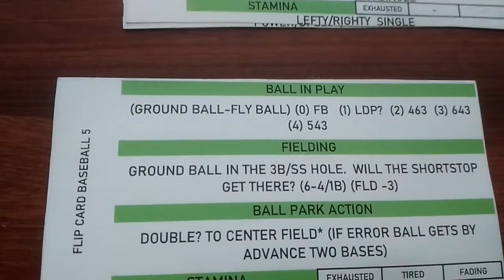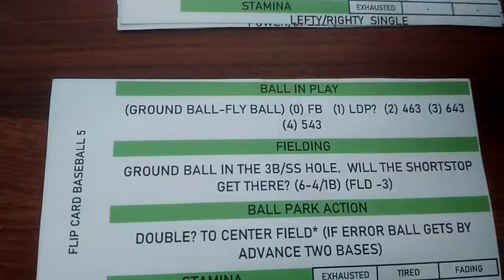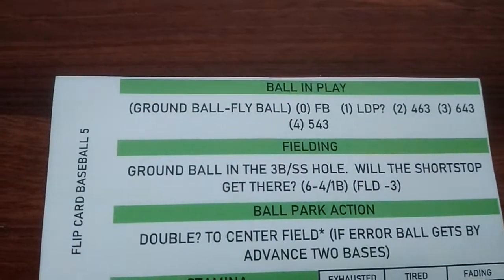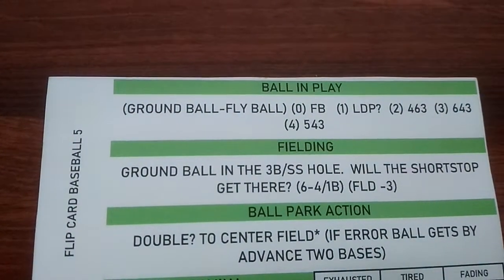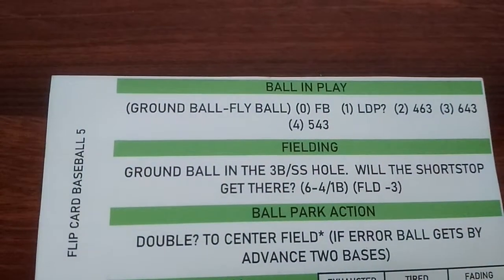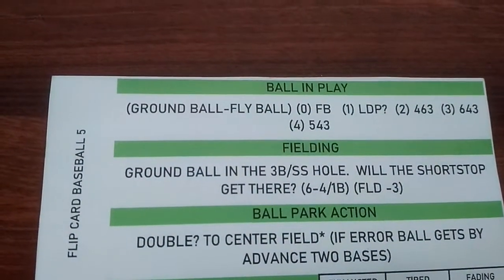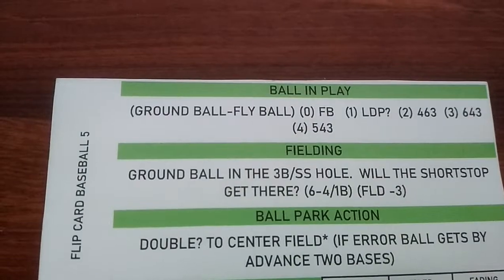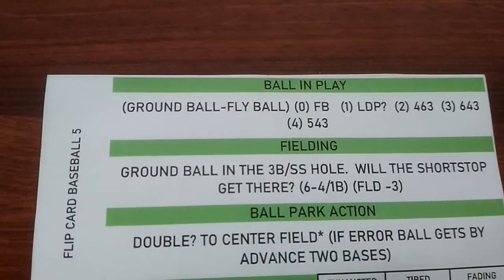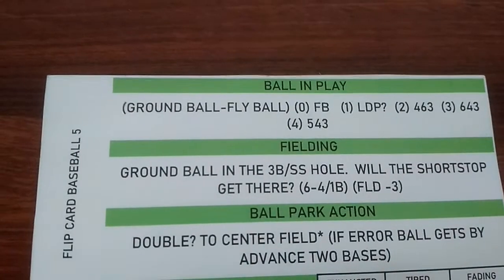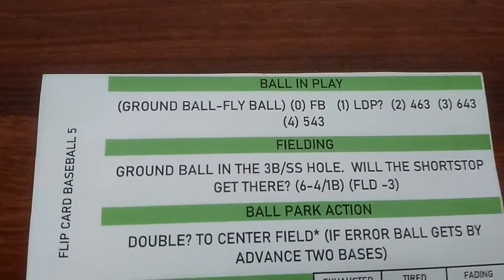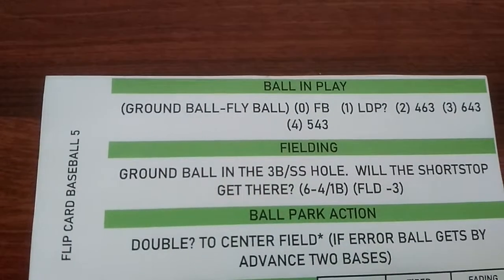Ground ball, fly ball is a mechanism to get double plays involved in the game. There are some double plays on the ground ball section, obviously. Those can be straight double plays dependent on fielders, double plays dependent on base runners and their speed, either their base running or their jump, which is their speed, or on the pitcher's hold rating as well.